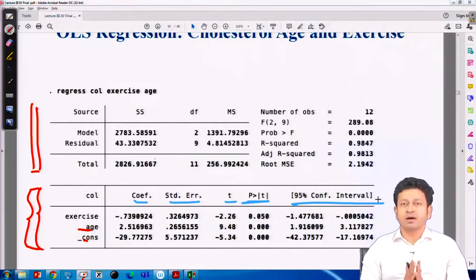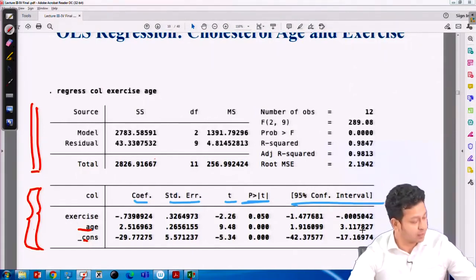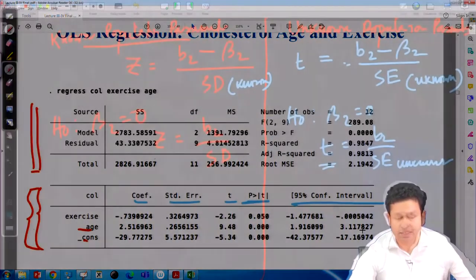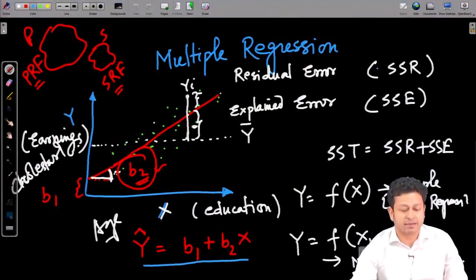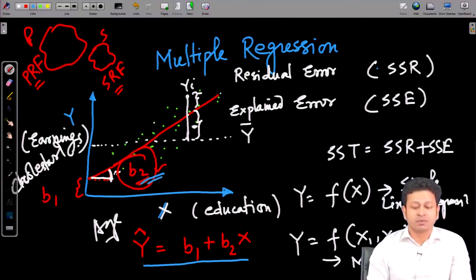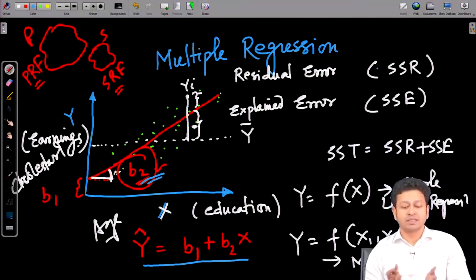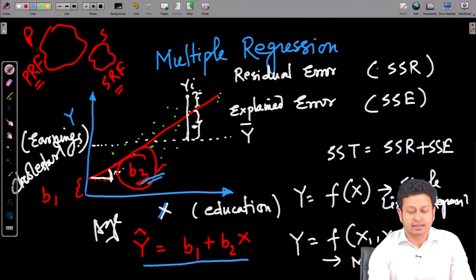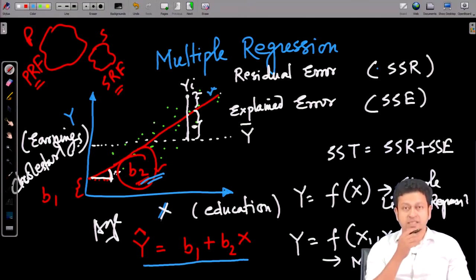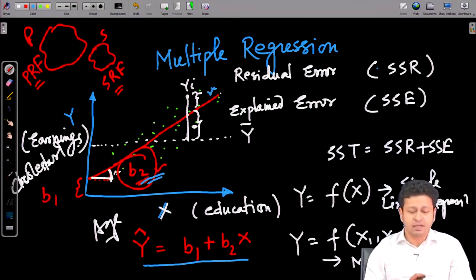By now we have some fair idea about what a coefficient is, and we have explained this coefficient. Here my coefficient is B2, which is explaining how much this fitted line is actually able to explain my y variable, right?